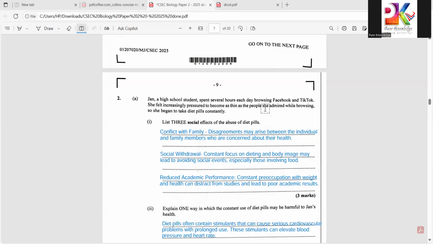So she may avoid social events, especially those involving food. It could also affect their schooling, their academic performance, because she might be preoccupied with the weight and the health, and taking the pills and watching if the pill is working. That could distract her from her school activities. So those are three, and you can tell me what you wrote.